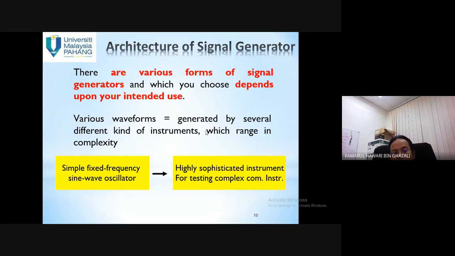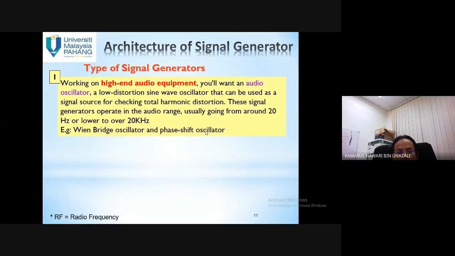Various waveforms are generated by several different kinds of instruments, which range in complexity, from a simple fixed frequency sine wave oscillator to a highly sophisticated instrument for testing complex equipment. For working on high-end audio equipment, you will want an audio oscillator, a low distortion sine wave oscillator that can be used as a signal source for checking total harmonic distortion. These signal generators operate in the audio range, usually from around 20 Hz to over 20 kHz.